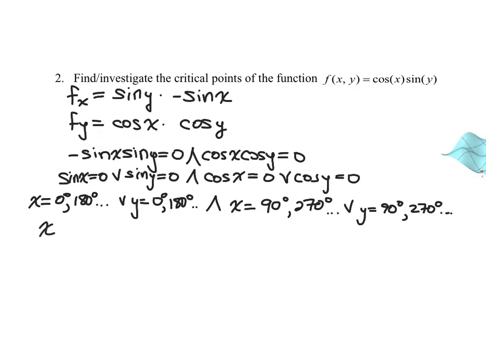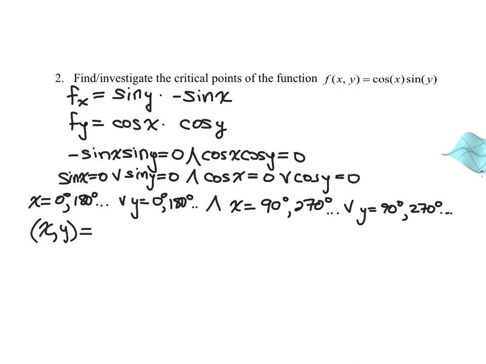So x and y. All right, so what you could do is pick out values of x and y that could make sense. Like, for example, 0, 0. Well, 0, 0 is not going to work, because while it makes this one equal to 0, this one would be equal to 1, because cosine of 0 is equal to 1.